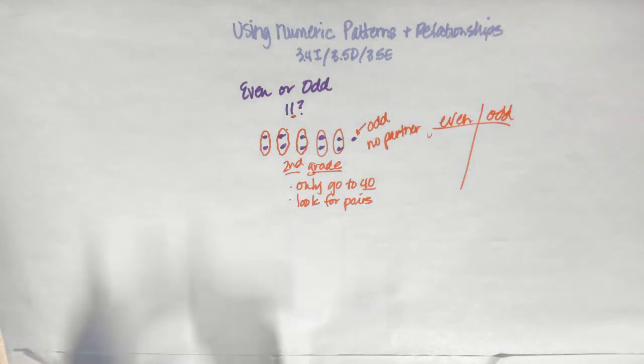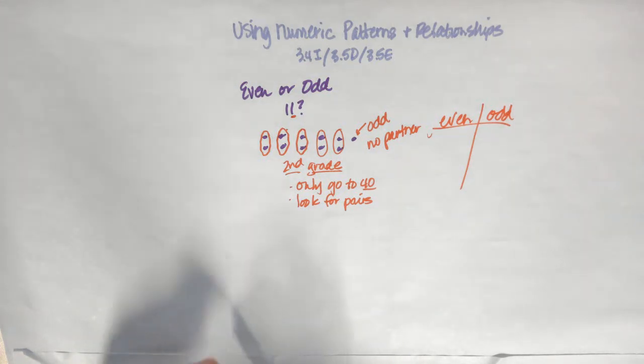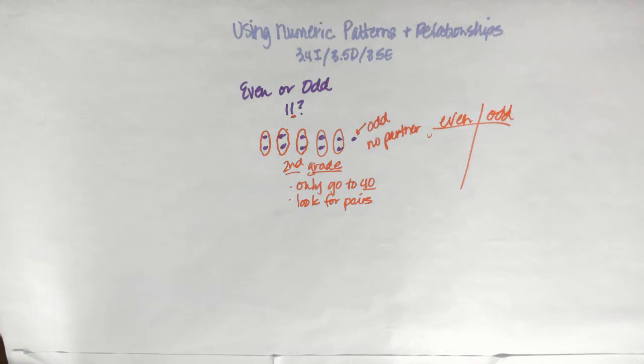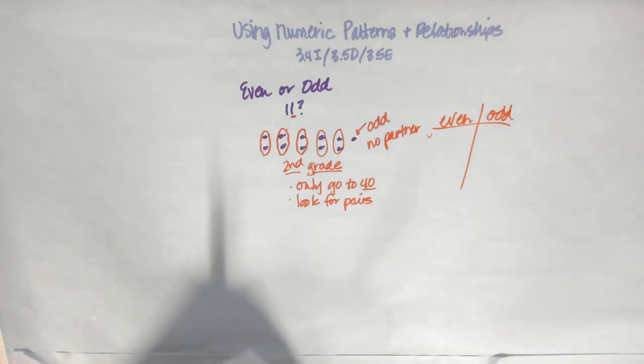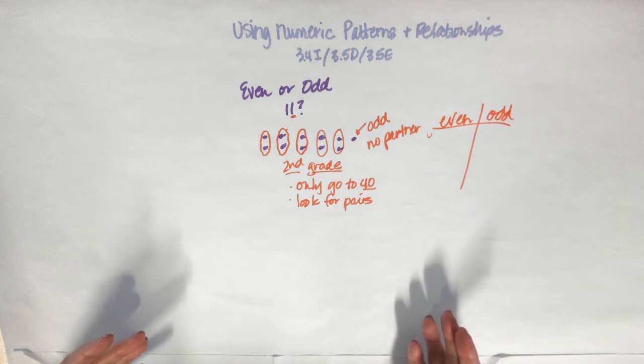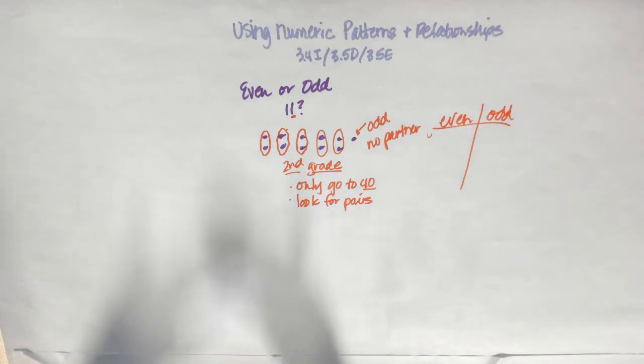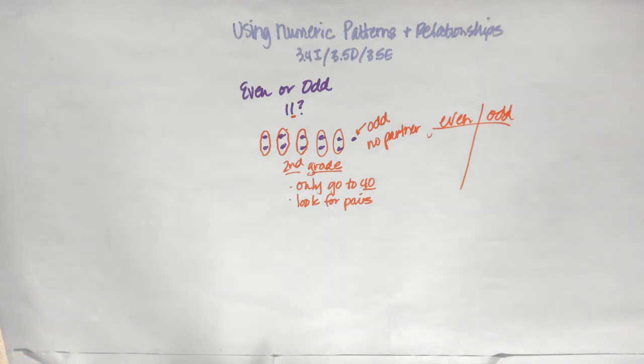Students did have to look at the ones place to determine if the number was even or odd, and they used the divisibility rule of, is it divisible by 2? So that's how you connect what they learned in 2nd grade to what they have to do with it in 3rd grade. We allow kids to discover the pattern and then apply it with larger numbers than they would have had in 2nd grade.